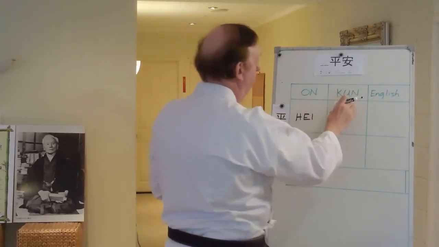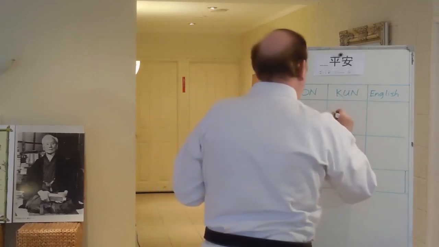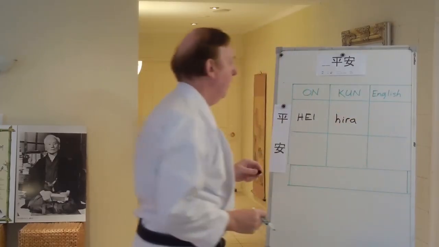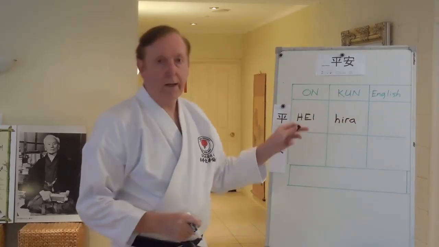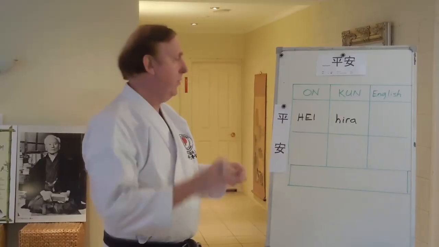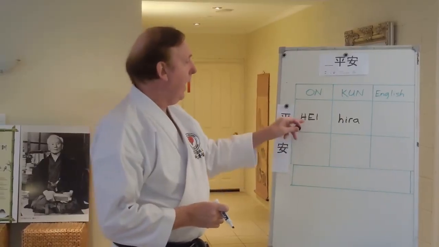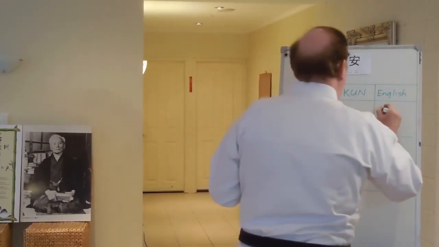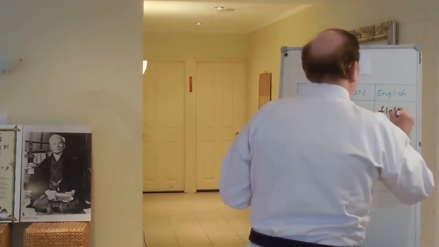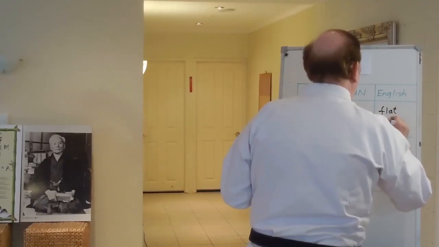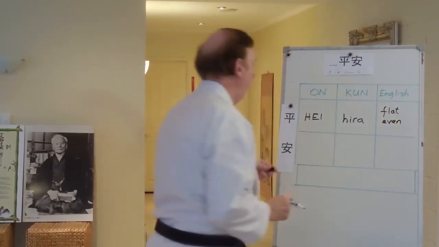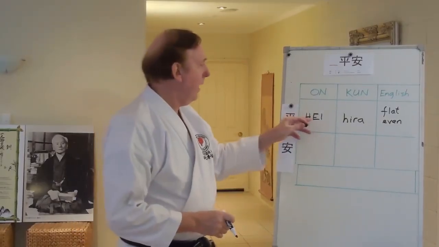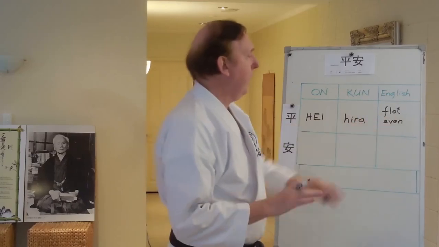The second reading, the kun reading, will be how it's translated into Japanese. So usually that's written in lowercase like this for an English translated book. So he means hira. What does hira mean in English? It means flat or even. So the first part of the heian kata has the word he, being hira, equals flat or even.